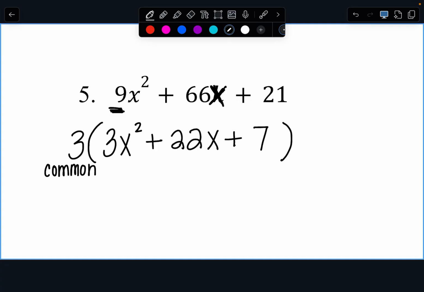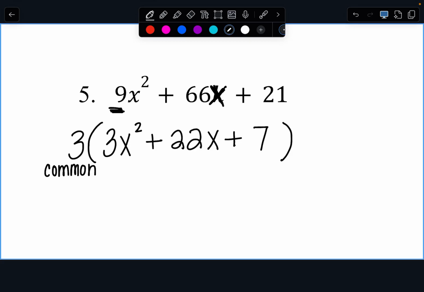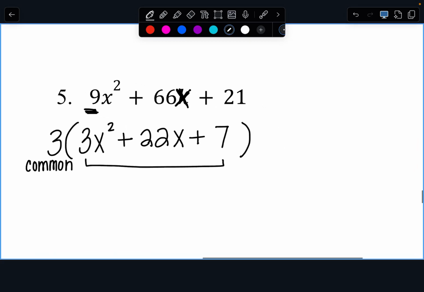And then I can treat what's inside here just like we did the others. Multiplying your first and last term together, we're finding something that multiplies to get 21x to the second and adds to get 22x.